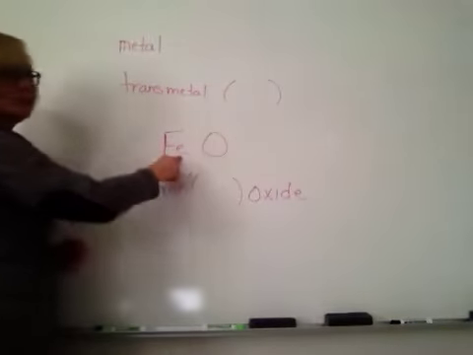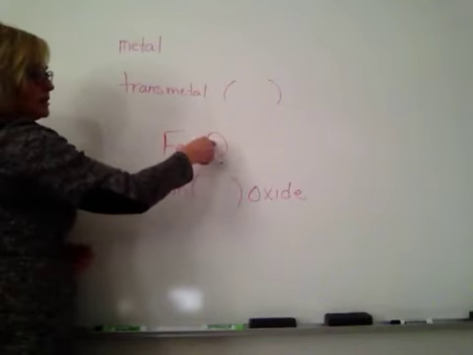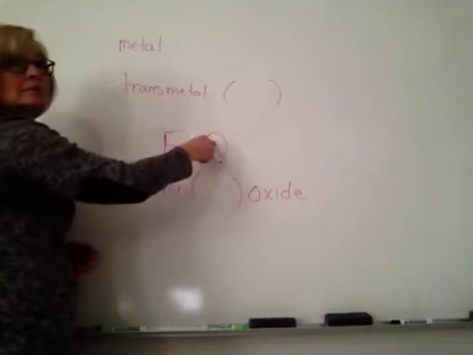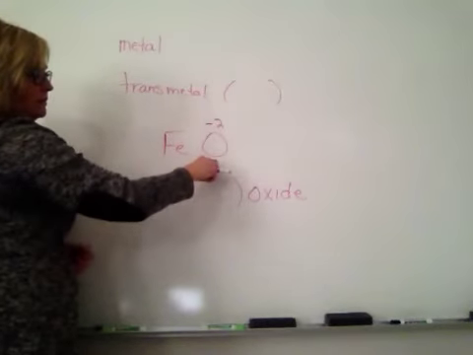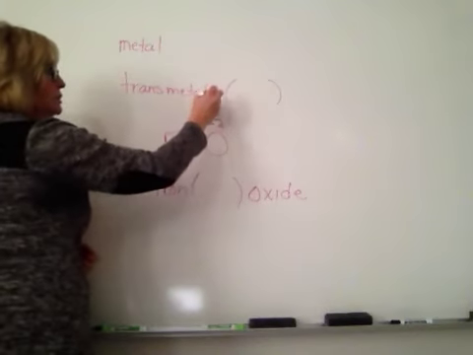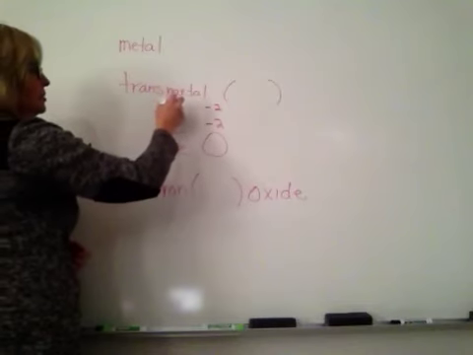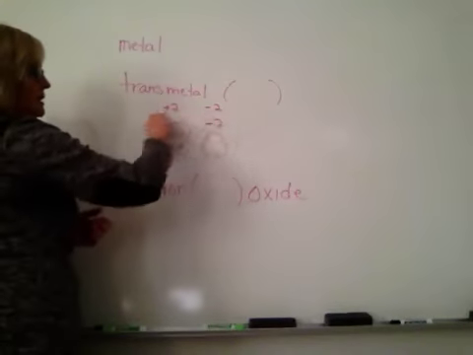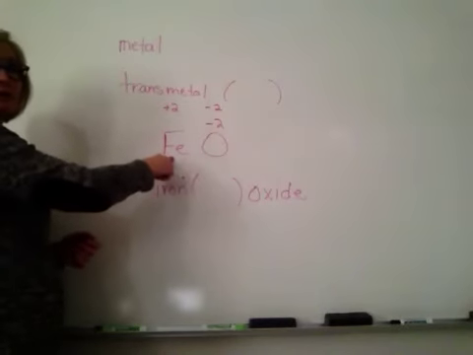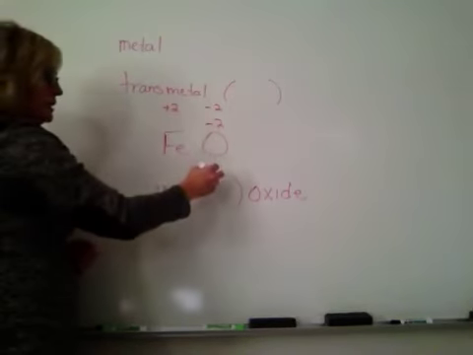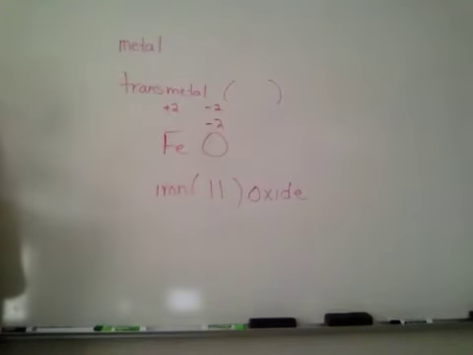I need to figure out the charge of my iron. What is the charge of oxygen? -2. How many oxygens do I have? 1. So my overall charge is -2. My iron is going to have a +2 charge to balance out. I have 1 iron, so what's the charge of that iron? 2. So this would be iron 2, and we use Roman numerals.